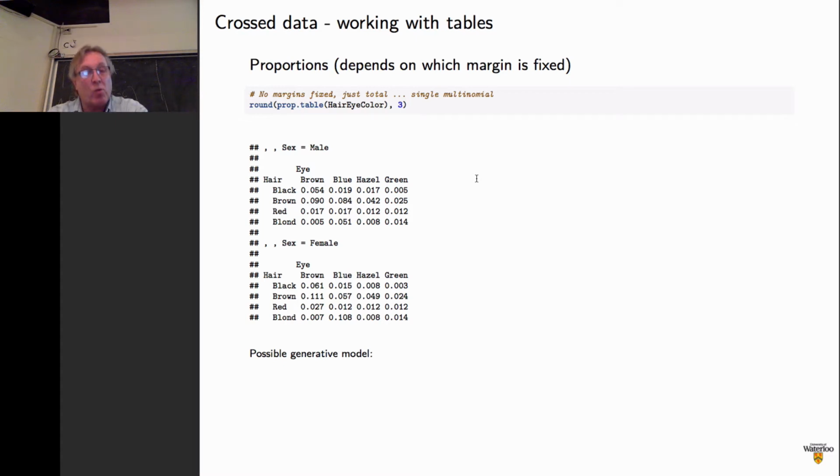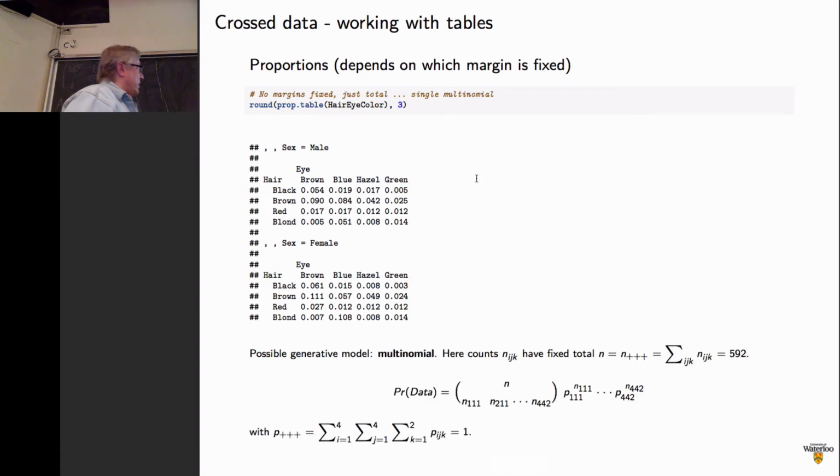And so you might think about what model might generate this data, data of counts. The obvious model here is a multinomial. Okay, so if you think about the counts in our table being N_ijk, it's a 3-way table, so 3 subscripts. The total is 592, summing over all of the indices. The multinomial says I've got a probability associated with every one of these cells, right?